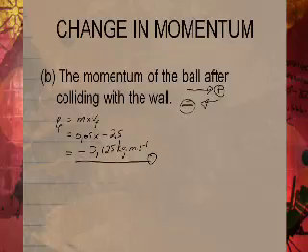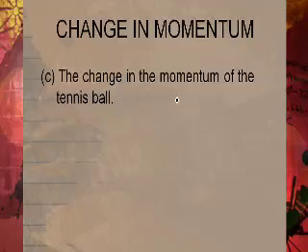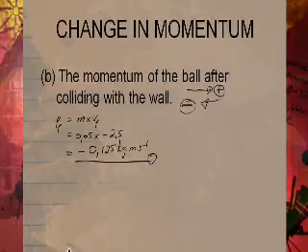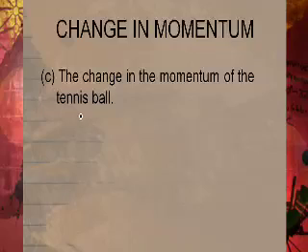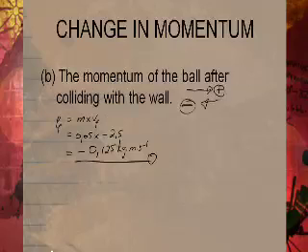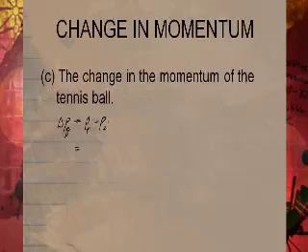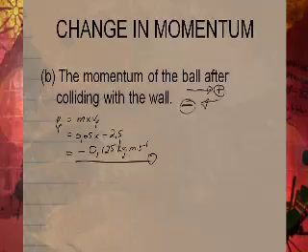Now the next one says find the change in momentum of the ball. Now what we need to do here is we know change in P equals P final minus P initial. So what was P final? P final is minus 0.125, minus what was the initial momentum? 0.2.